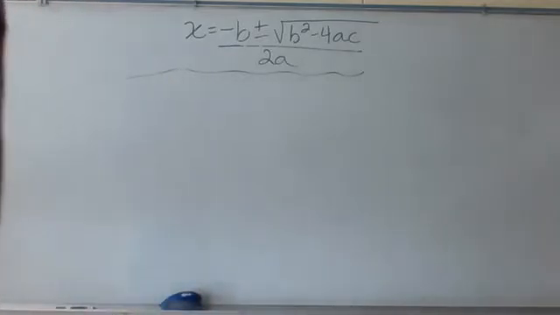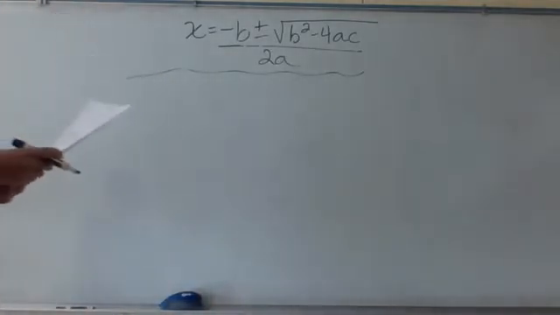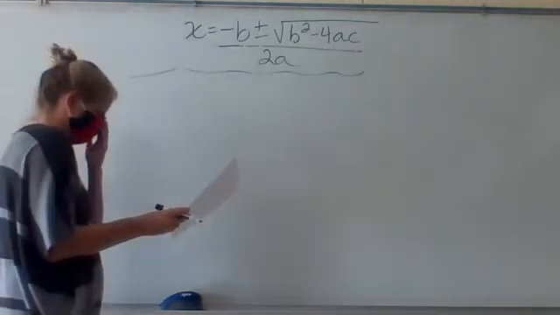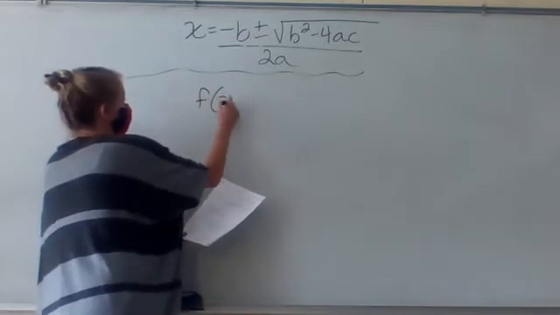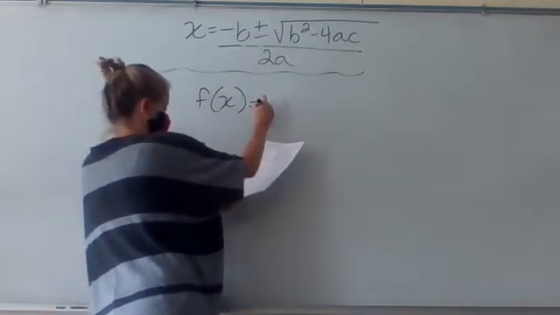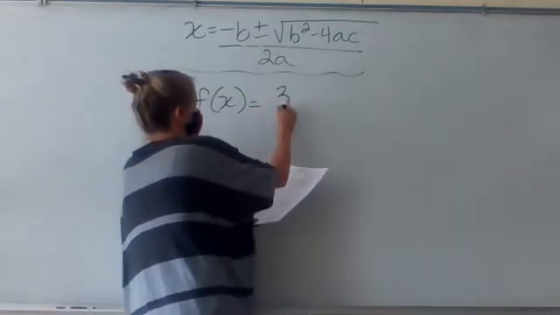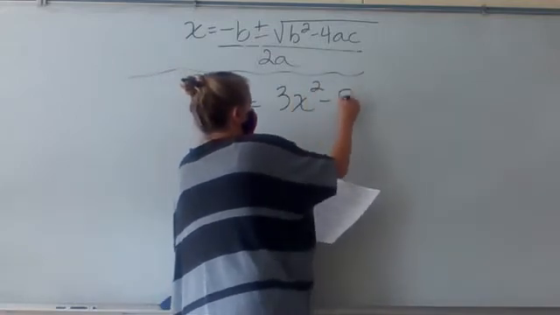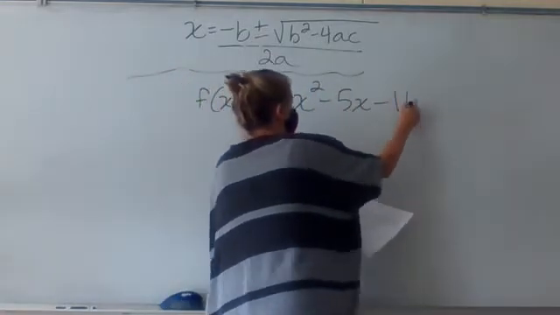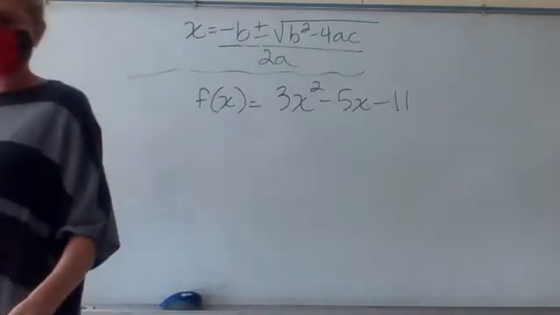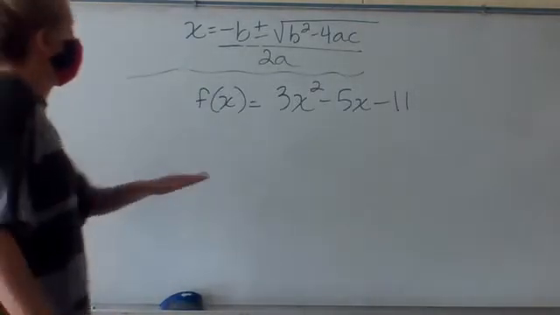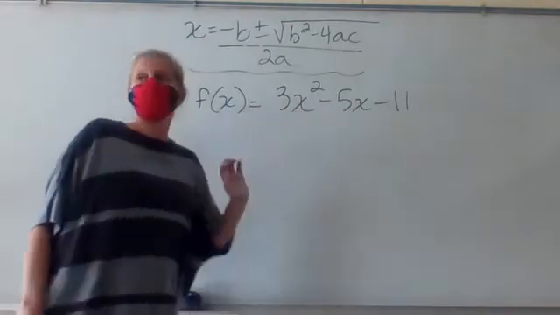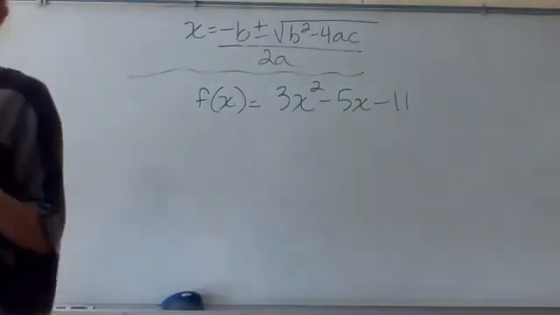All right, number 6, just ask for the zeros. It just asks for the exact solutions. F of x equals 3x squared minus 5x minus 11. So again, I want to find out when this equals 0. I'm finding the zeros.